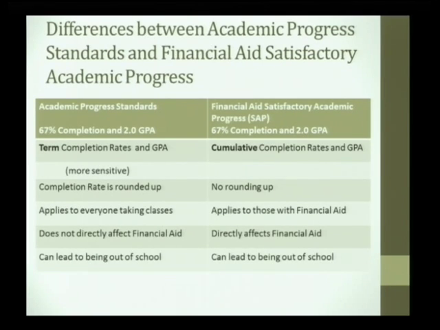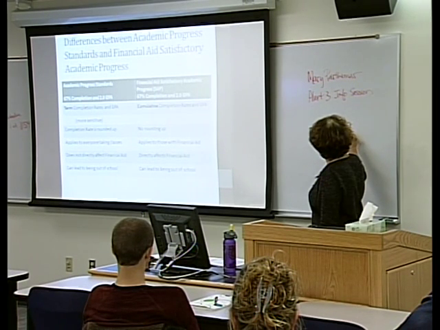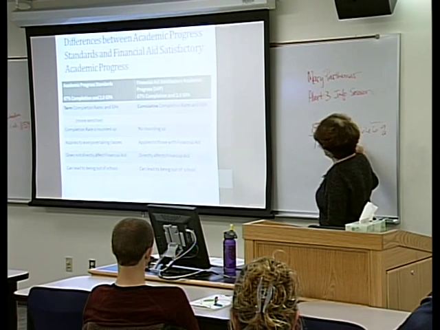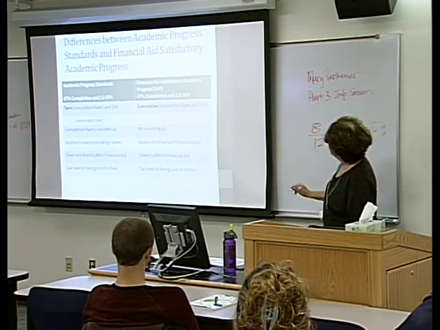In academic progress standards, the completion rate is rounded up. So if you have completed 8 out of 12 credits in a term, that equals 66.66 and on percent. That's rounded up, so you've met the 67% completion rate.